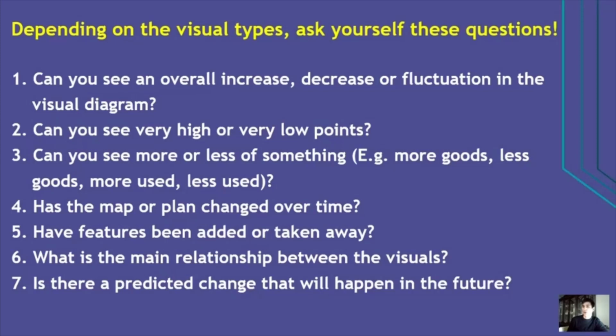For example, more goods, less goods, more used, less used, more popular, less popular. Has the map or plan changed over time? Have features been added or taken away? What is the main relationship between the visuals? Is there a predicted change that will happen in the future? If so, just mention them in your overview.